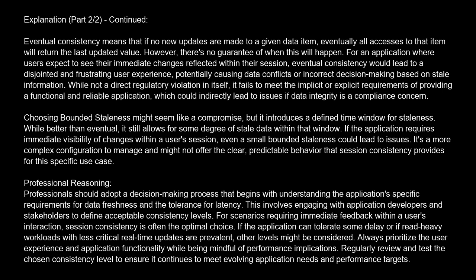For an application where users expect to see their immediate changes reflected within their session, eventual consistency would lead to a disjointed and frustrating user experience, potentially causing data conflicts or incorrect decision-making based on stale information. While not a direct regulatory violation in itself, it fails to meet the implicit or explicit requirements of providing a functional and reliable application, which could indirectly lead to issues if data integrity is a compliance concern.